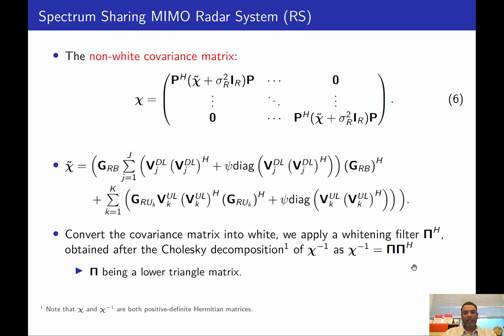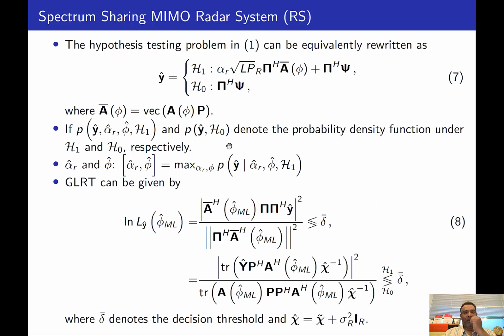By multiplying with that, we can whiten the colored noise plus interference. If we whiten the received signal, the hypothesis testing problem 1 can be equivalently written in this form. This is for the alternative hypothesis, and this is for the null hypothesis. A bar is given by this formula.